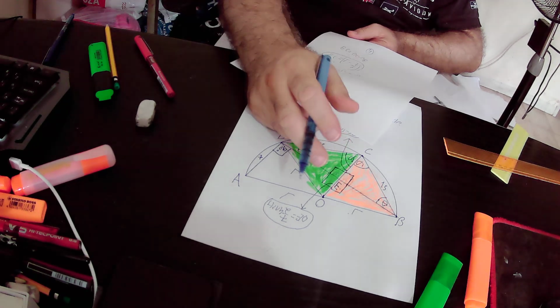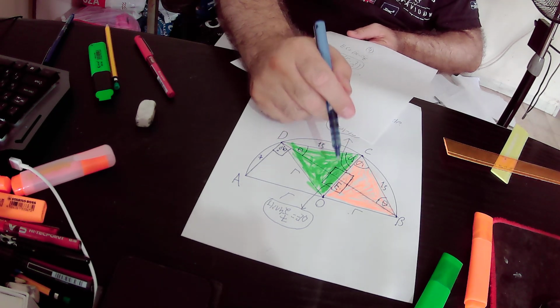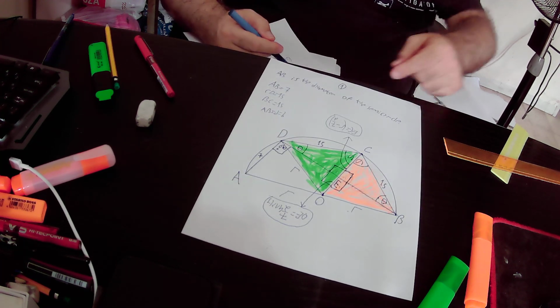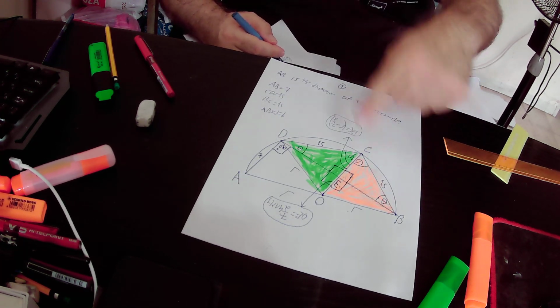Here EB square equals OB square minus OE square. The second EB square relates to the right triangle EBC.